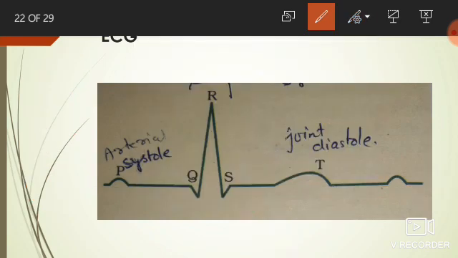I am repeating this. If this line is considered as 0, the waves above are considered as positive waves and the ones below are considered as negative waves.